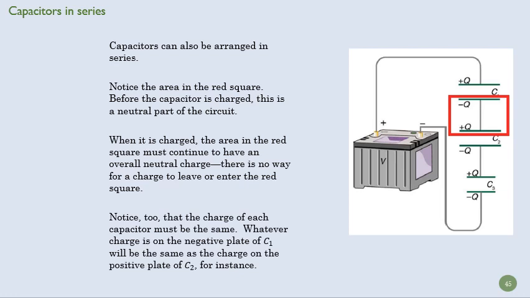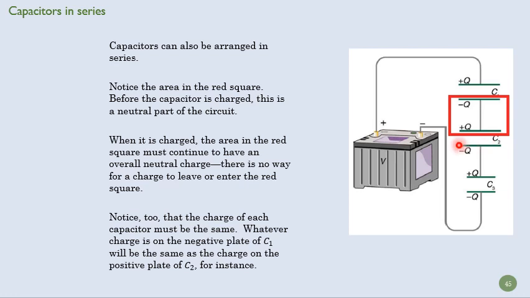Now, what does that mean? Well, it means that the charge on here and here, on C2, if this is 10, this can't be any bigger or smaller than 10, right? It has to be 10 too, okay?